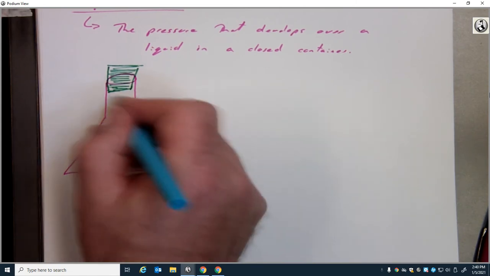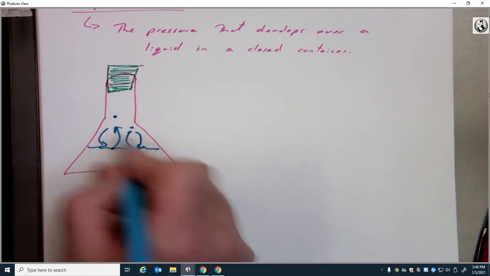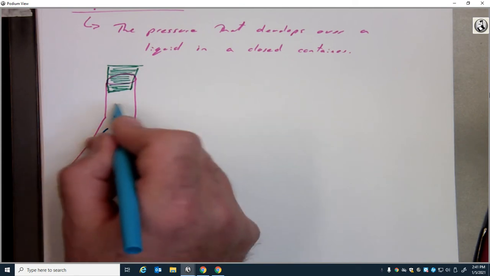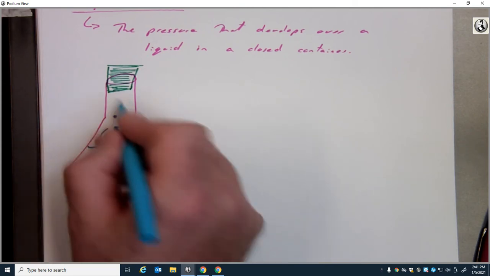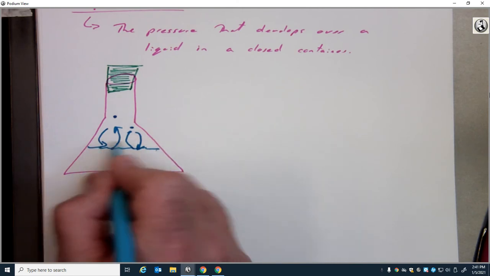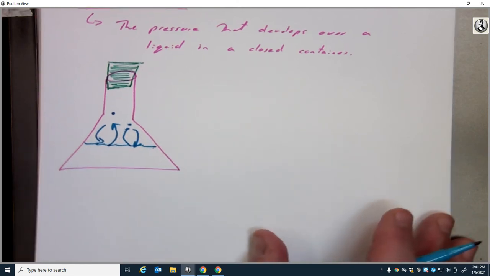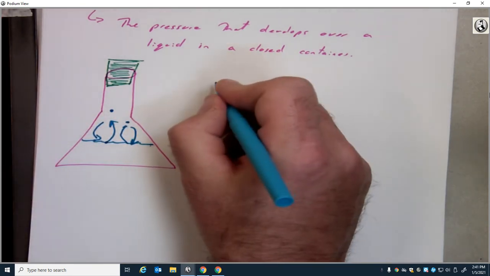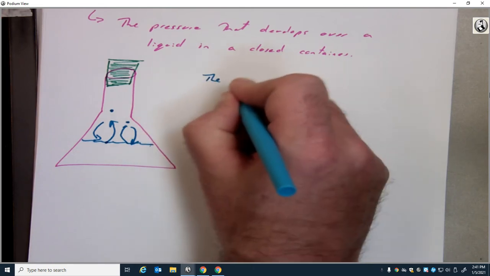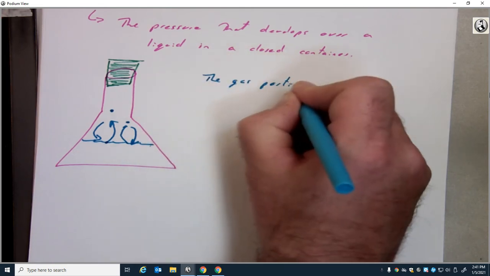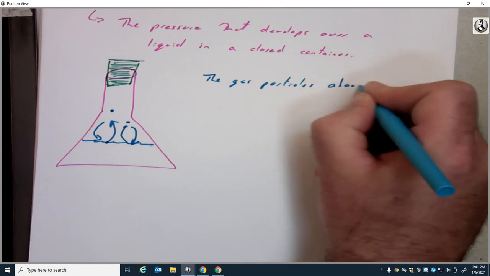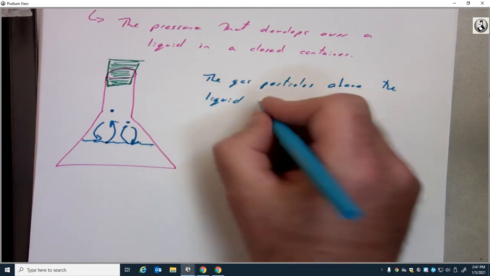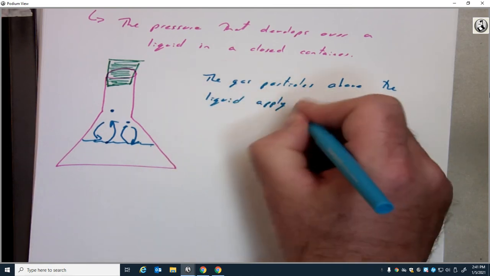Now, once this gas is up in here, these gas particles are vibrating, rotating, and translating, and they're running into the sides of the container wall, which means they're producing a pressure. And that pressure that's produced above this liquid is called vapor pressure. So let's write: the gas particles above the liquid apply pressure.